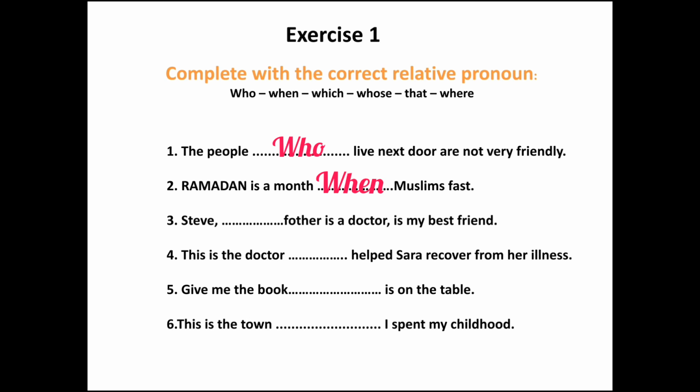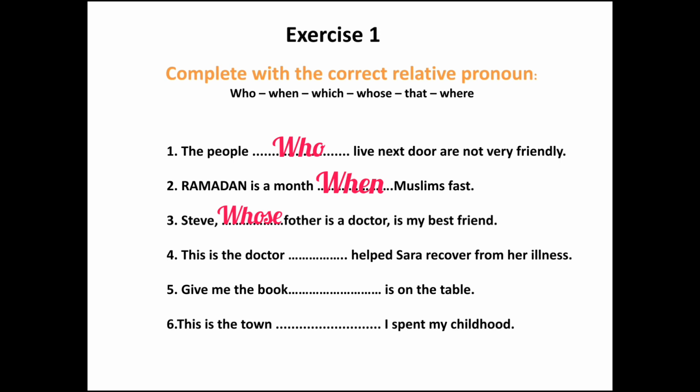Sentence number 3: Steve, ___ father is a doctor, is my best friend. So here we have possession. I'm talking about Steve, whose father is a doctor, is my best friend.